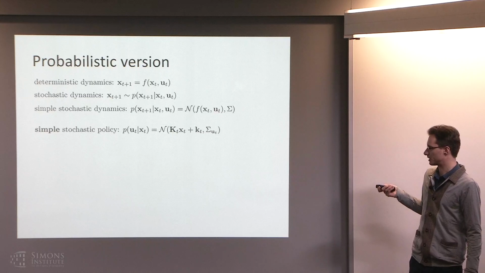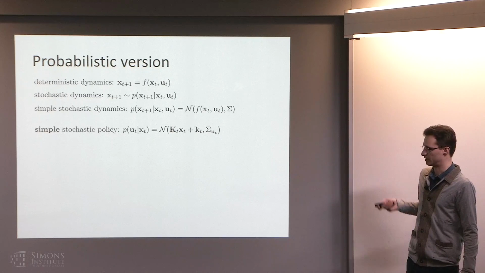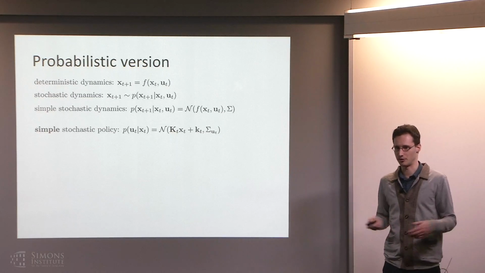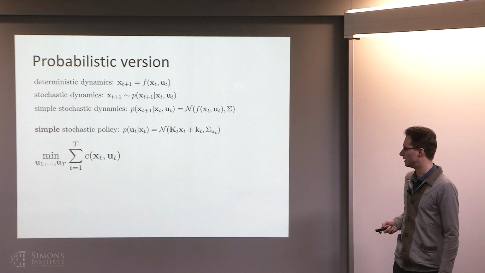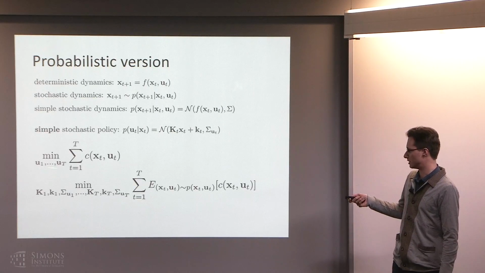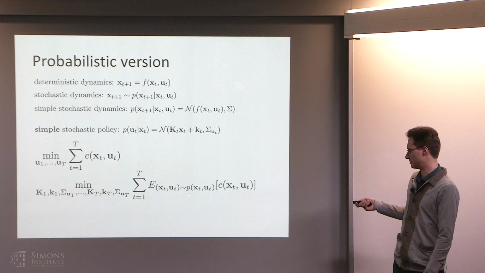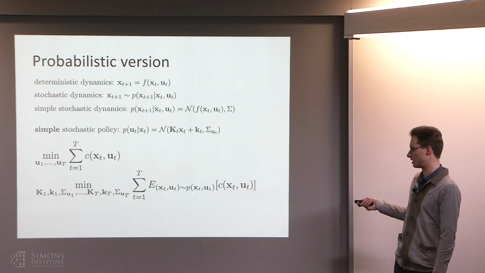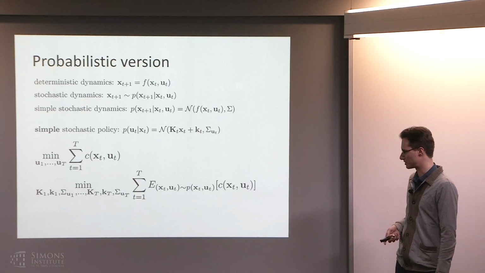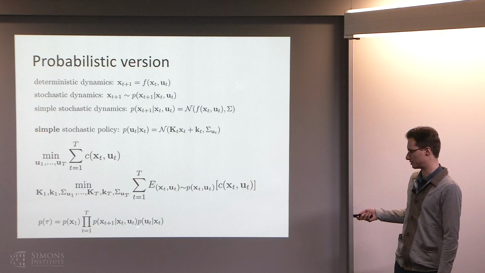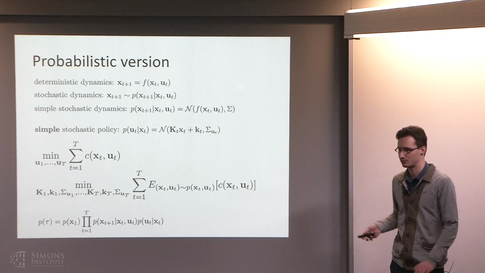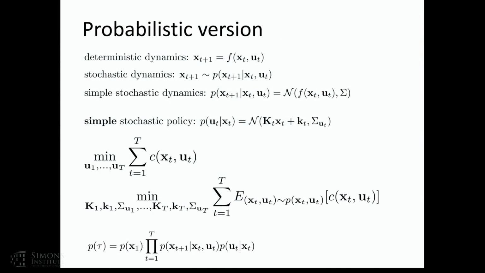You can build a simple stochastic policy. For example, a linear Gaussian policy. It's a linear feedback policy with some variance. And then this minimization of the cost ends up being a minimization of an expected cost. The expectation is taken with respect to this distribution over states and actions, which is a big product over your dynamics and your policy and so on. So this is how you can convert this into a stochastic control problem.